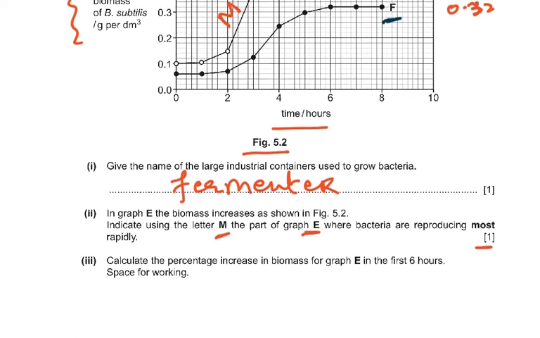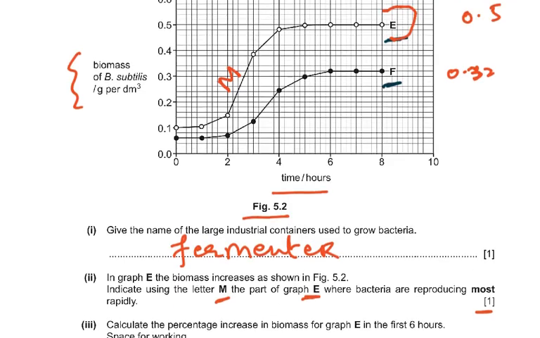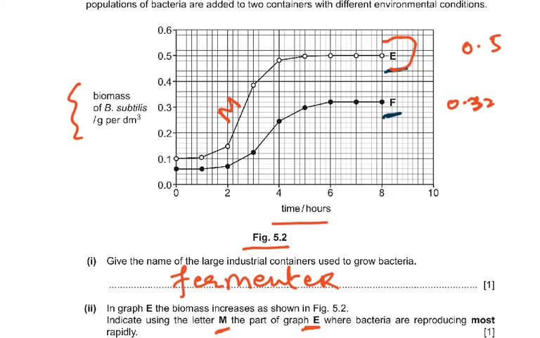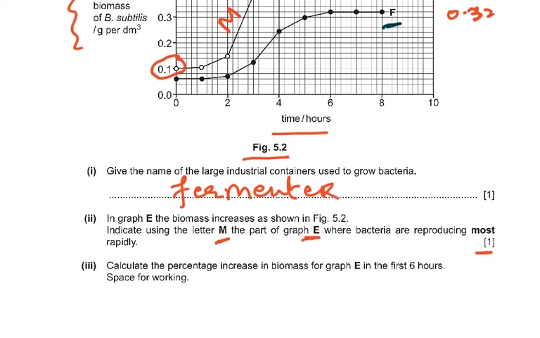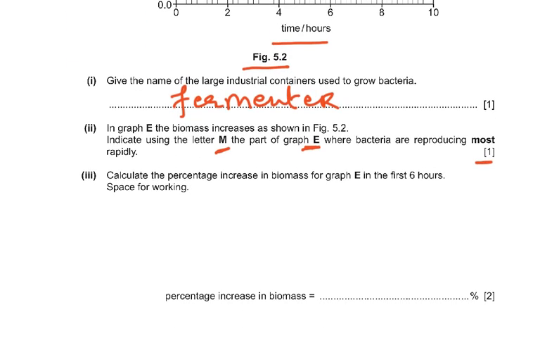Calculate the percentage increase in mass in the first 6 hours. Now in the first 6 hours, let's look at it in E. It was 0.1 in the beginning, and then it is 0.5. So how are you going to do this working? Percentage increase. From 0.1, it went up to 0.5.